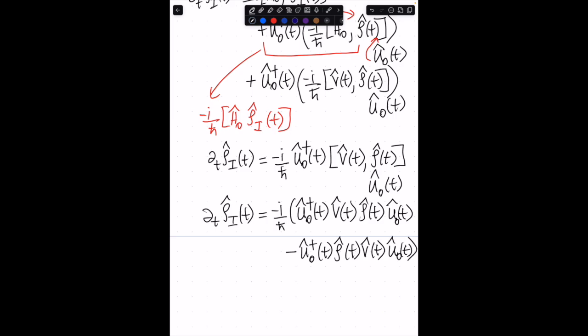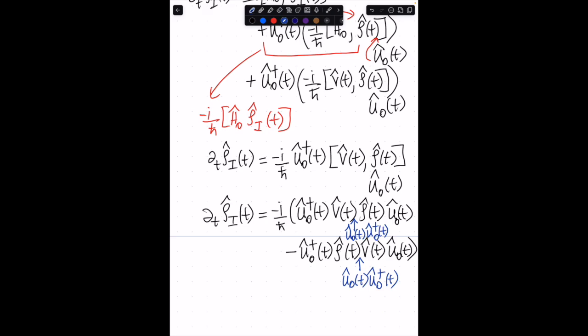So you get this. Now, what I am going to do here, which is really interesting, is that I will insert here U hat 0(t) U hat 0 dagger(t), which is a unitary operator, so this holds, it's just an identity. And I will do the same here. I will insert U hat 0(t) U hat 0 dagger(t).